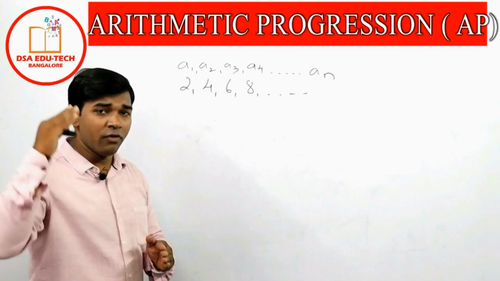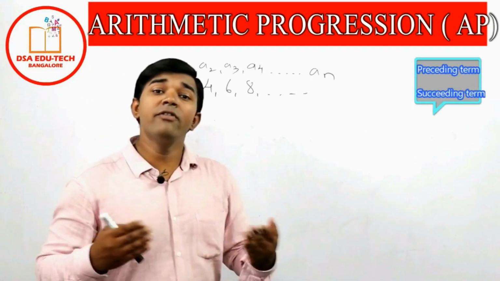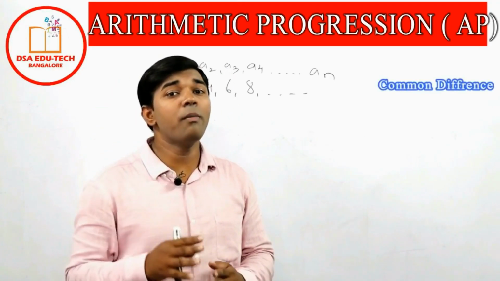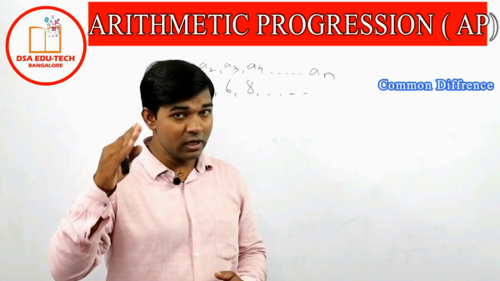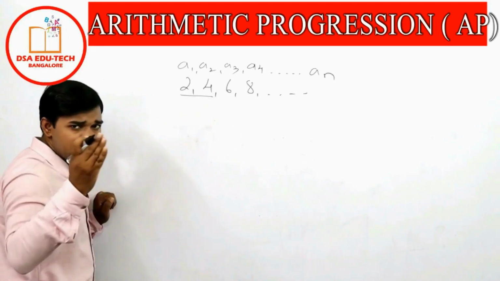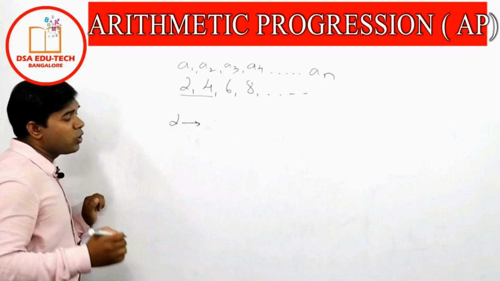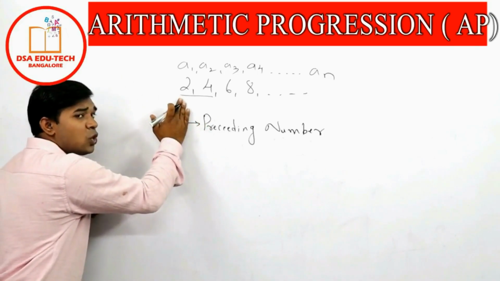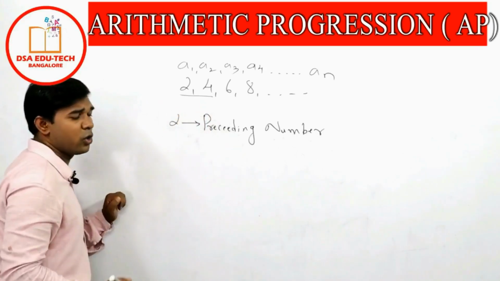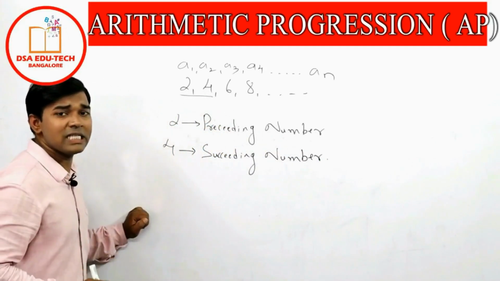Now moving to the next, we also need to understand two more terms: what is the meaning of preceding term and what is the meaning of succeeding term? If you understand that, it will help us calculate the common difference. Let me take these two numbers. Here I am calling 2 the preceding number with respect to 4, and I am calling 4 the succeeding number.